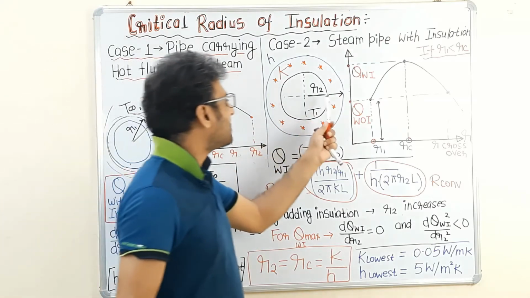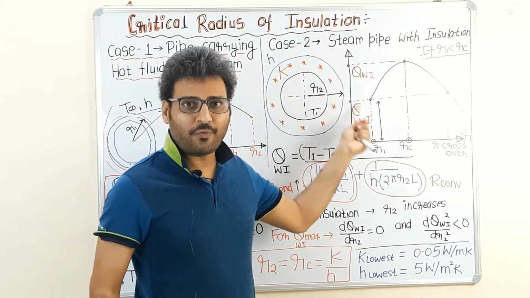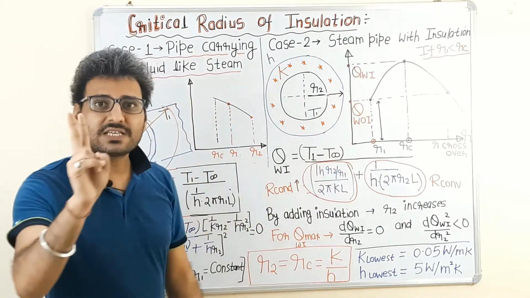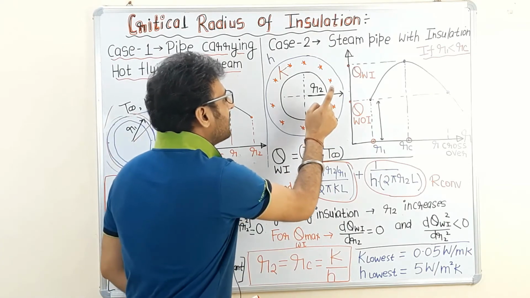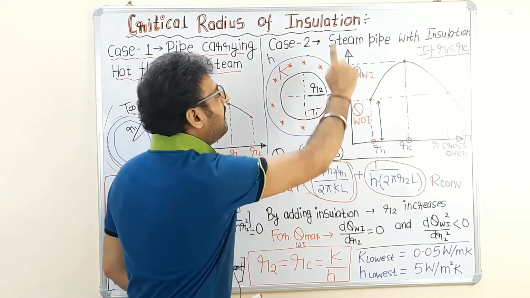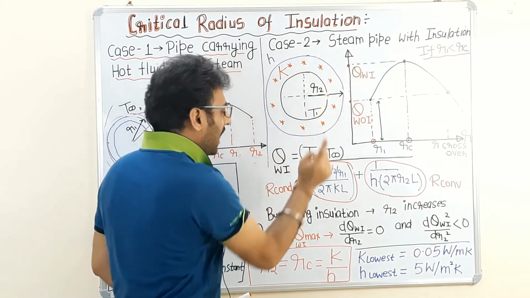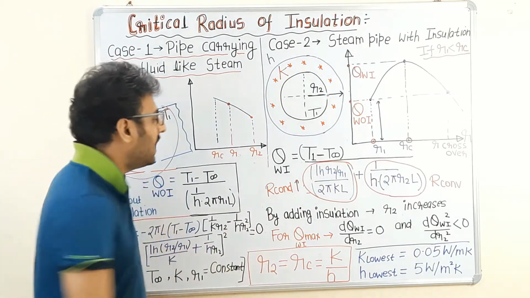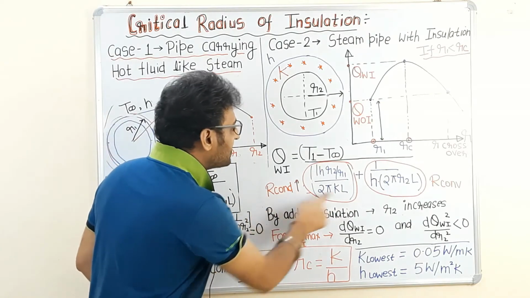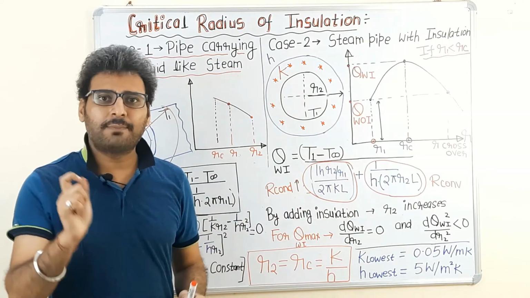When insulation is provided, the resistances between the outer surface of the steam pipe and the atmospheric air are conductive and convective. So after adding insulation, conductive resistance is added to the thermal system.